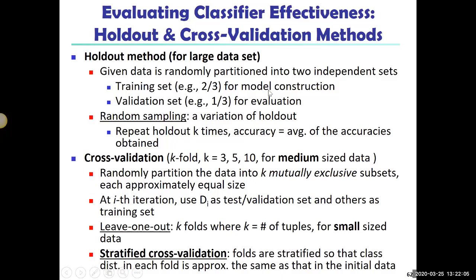So if I understand correctly, in a large data set you may still repeat, but you just arbitrarily split, say, 2/3 and 1/3. But in cross-validation, if you're doing tenfold, you make 10 mutually exclusive subsets and then cycle through the 10 to pick which one is the validation set. Exactly. Thank you. Yes.